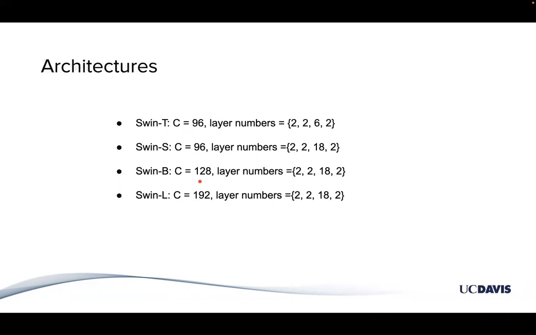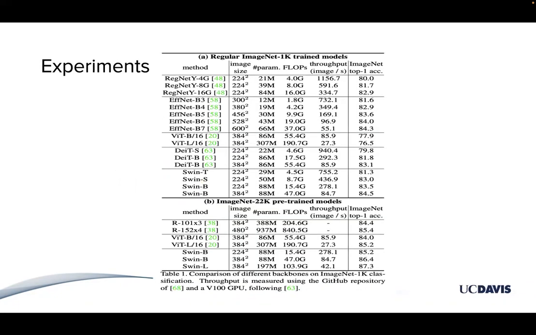And let's study some of the results of the Swin Transformer. Compared to the previous state-of-the-art transformer-based architecture, that is data-efficient transformers, Swin Transformers noticeably surpass the counterpart architectures with similar complexities.